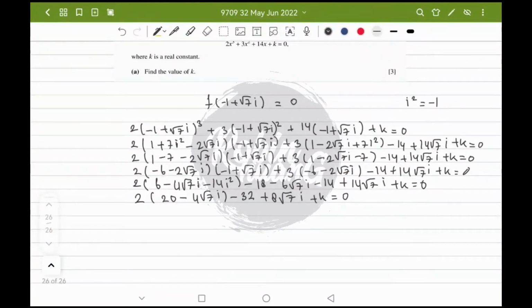Once I expand the bracket, this becomes 40 minus 8 square root of 7i minus 32 plus 8 square root of 7i plus k equals 0. So the last part we have 8 plus k equals 0, so k is -8.